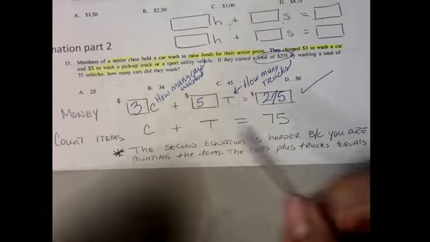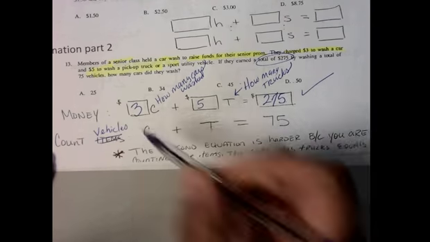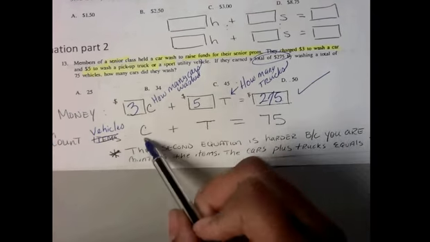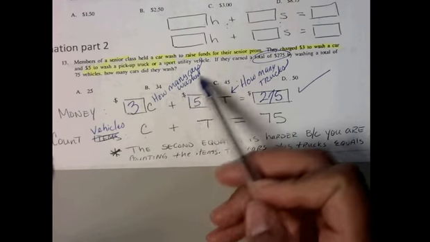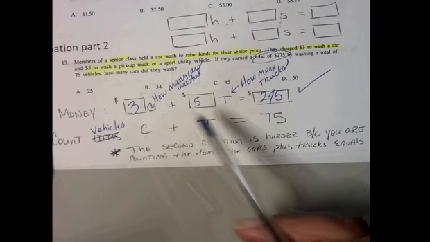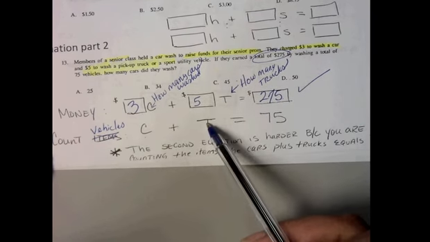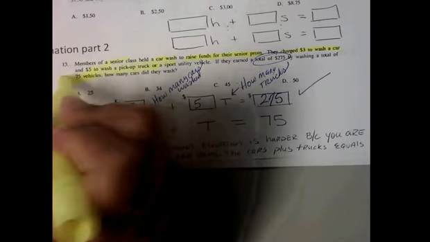Count the items. You know, I should have used the word vehicles. If you count the vehicles, we had so many cars. Not sure what they are, because remember, we don't know. So many cars, so many trucks. But I do know we washed a total of 75 of them.